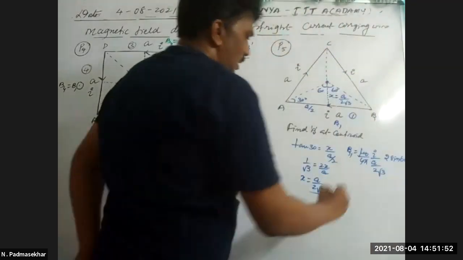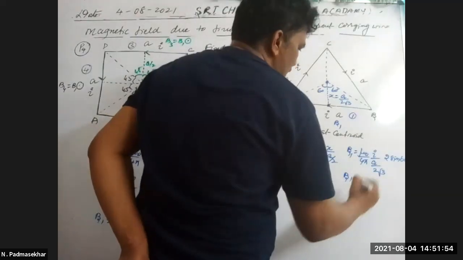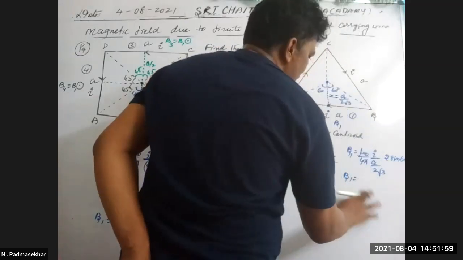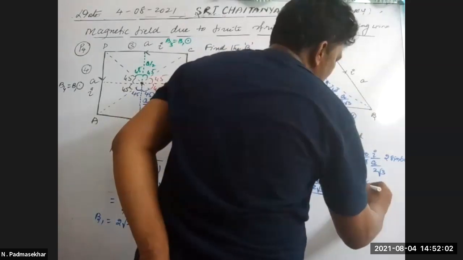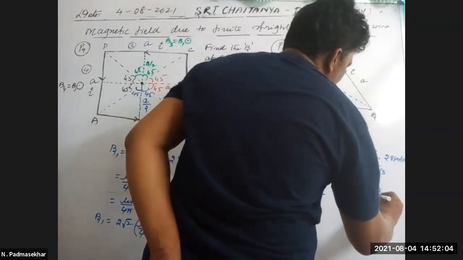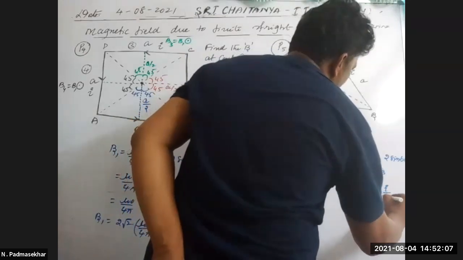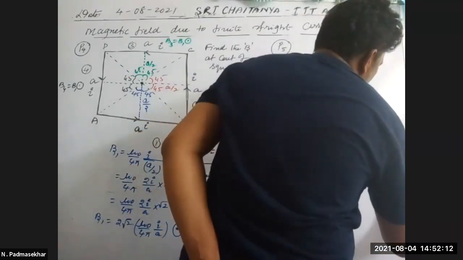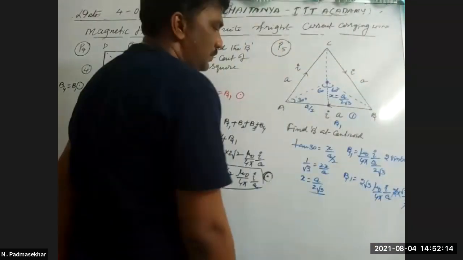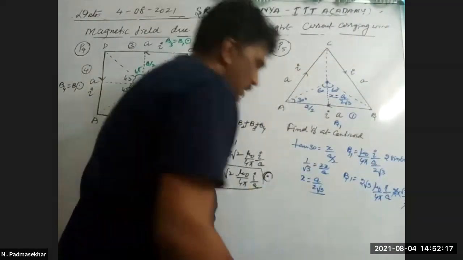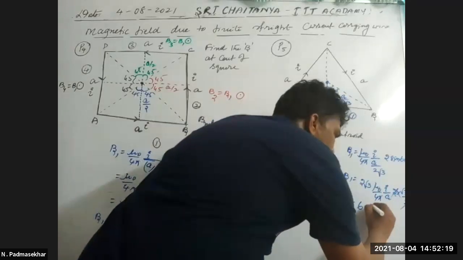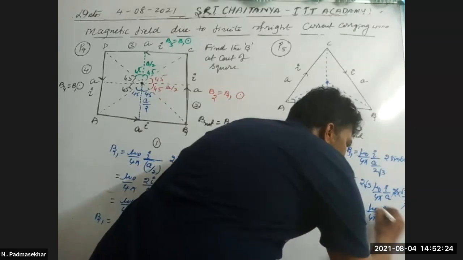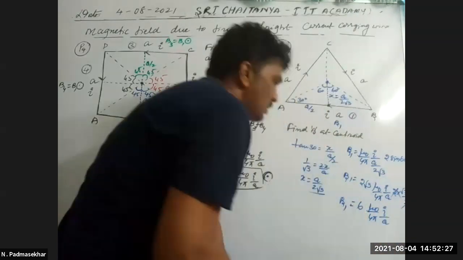So B1 is equal to mu naught by 2 root 3 pi, taking it along, 2 root 3 mu naught by 4 pi I by a, times 2 sin 60. 2 sin 60 means root 3. This is root 3 by 2. So root 3 and root 3, 3 into 2, 6 into mu naught by 4 pi I by a is B1. B1 is equal to this one.